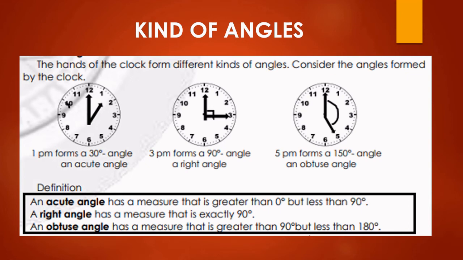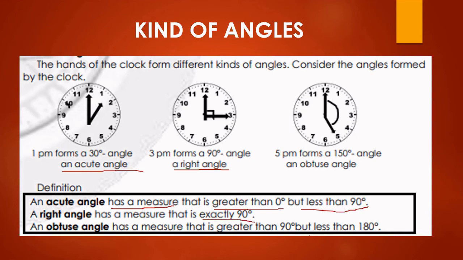Let's say 1 p.m. forms 30 degrees angle, and that is acute angle. And acute angle has a measure of greater than 0 degrees but less than 90 degrees. 3 p.m. forms 90 degrees angle, and this is right angle. A right angle has a measure of exactly 90 degrees.